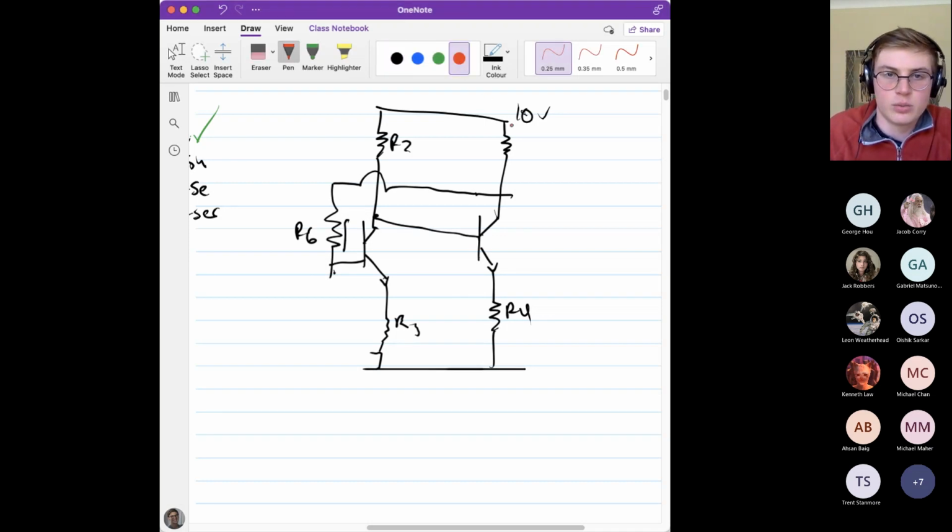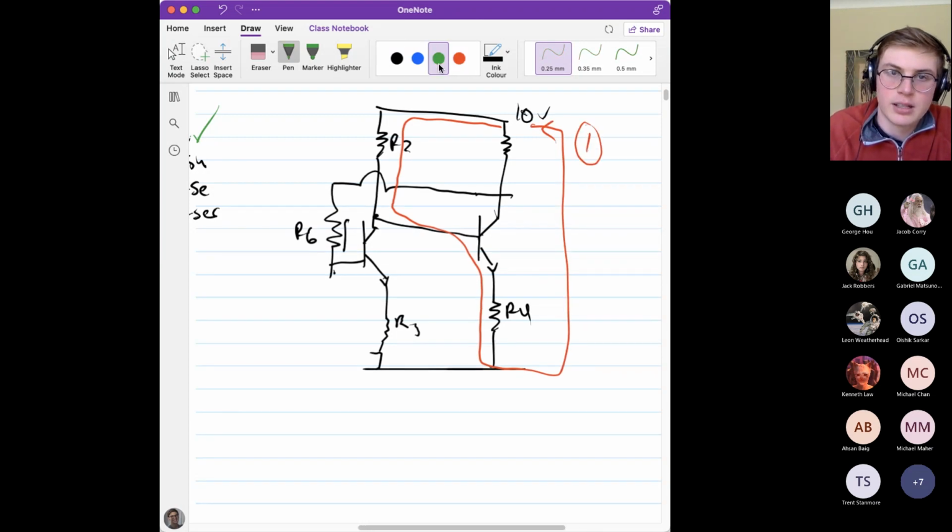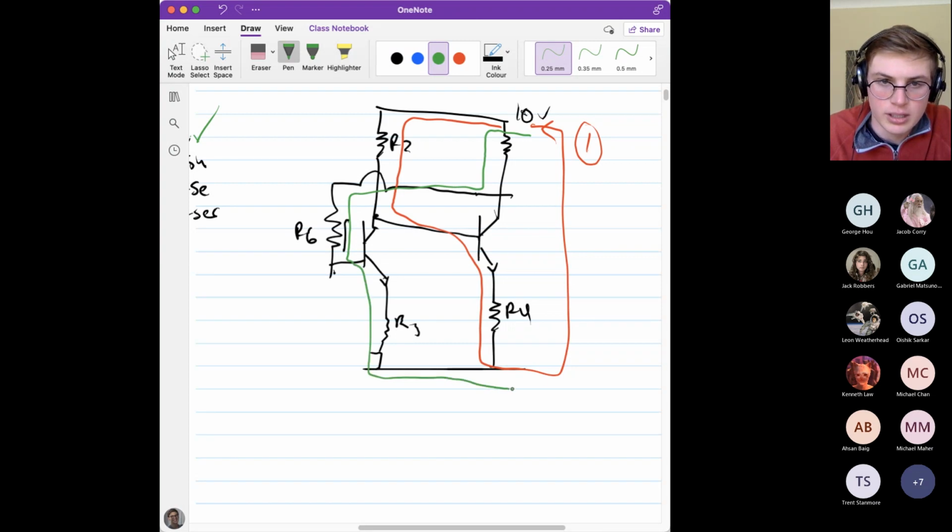So we can do a loop that comes down through R2, through the base, and then back up like that. Let's call that loop 1. Then we can have another loop that goes down through here, through R6, and then back up. That's loop 2.